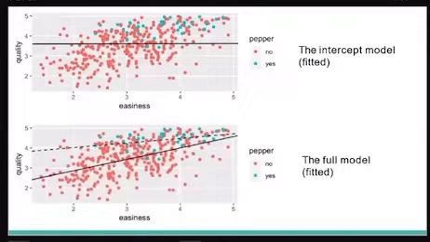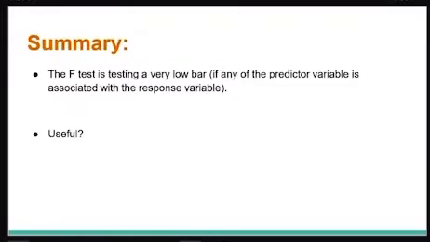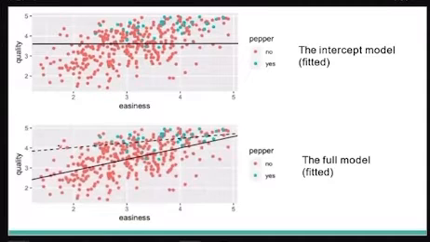Now this is the graphical way. Do you know this guy here? You're talking about intercept, and you take a look at this. This is the full model. In the full model one, what do you see? You have two lines, right? Why am I having two lines?